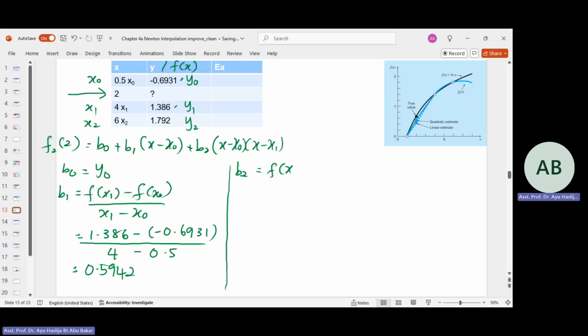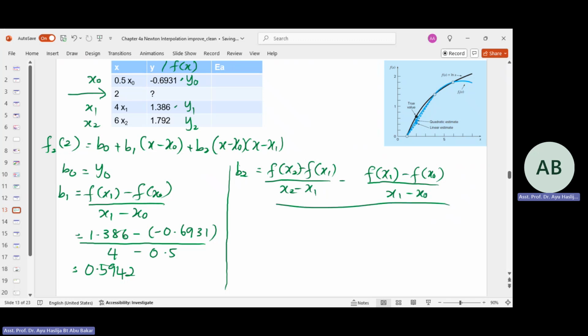So fx2 minus fx1 over x2 minus x1, minus fx1 minus fx0 between x1 and x0, over x1 minus x0, then over the total distance, x2 minus x0.